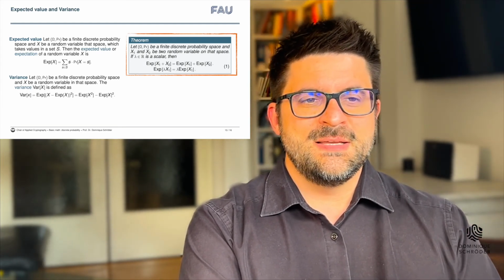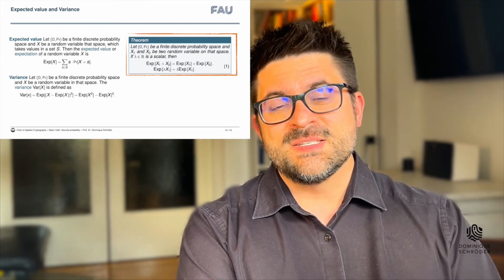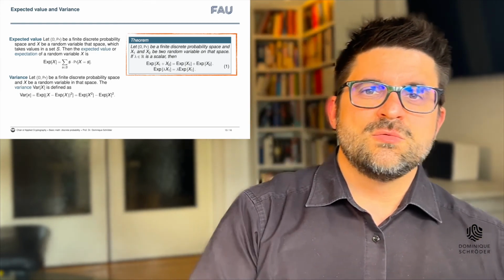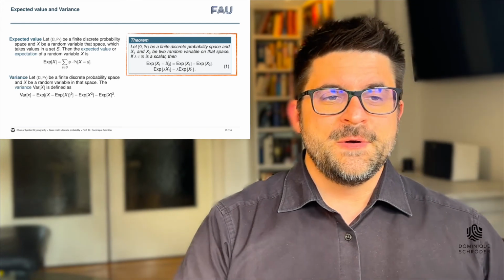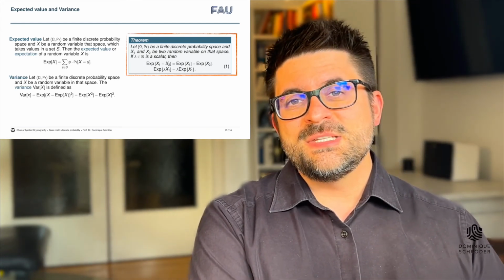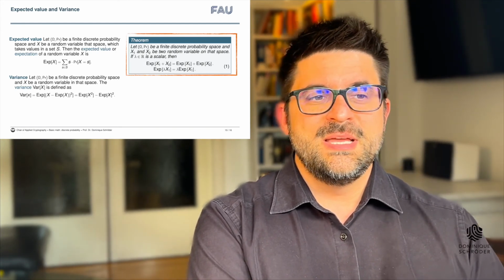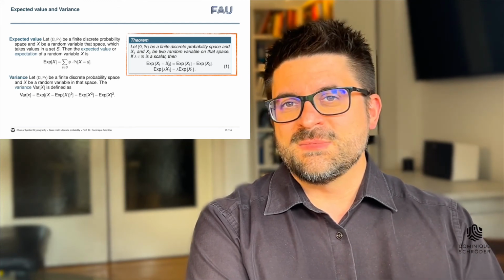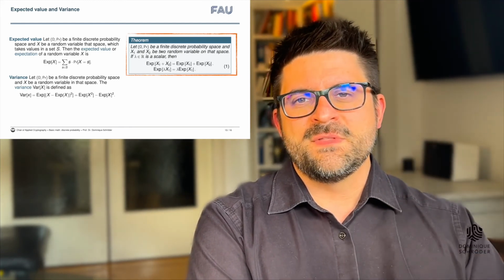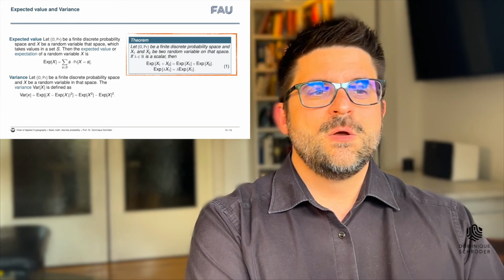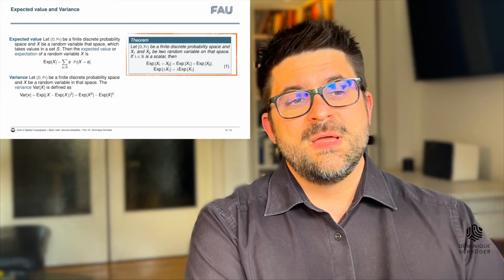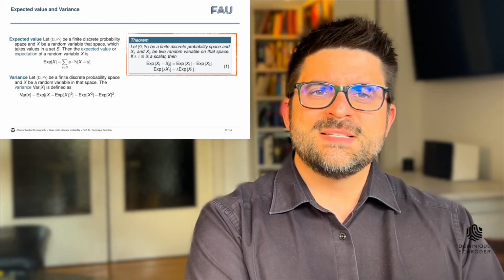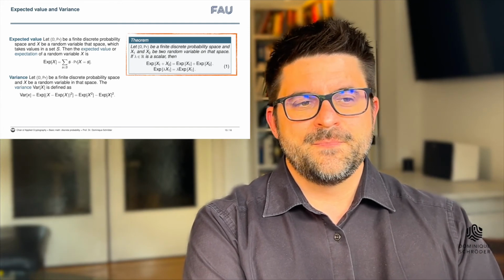More precisely, if we're considering a finite discrete probability space and two random variables x1 and x2, then the expectation of x1 plus x2 equals the sum of the individual expectations, which means the expectation of x1 plus the expectation of x2.